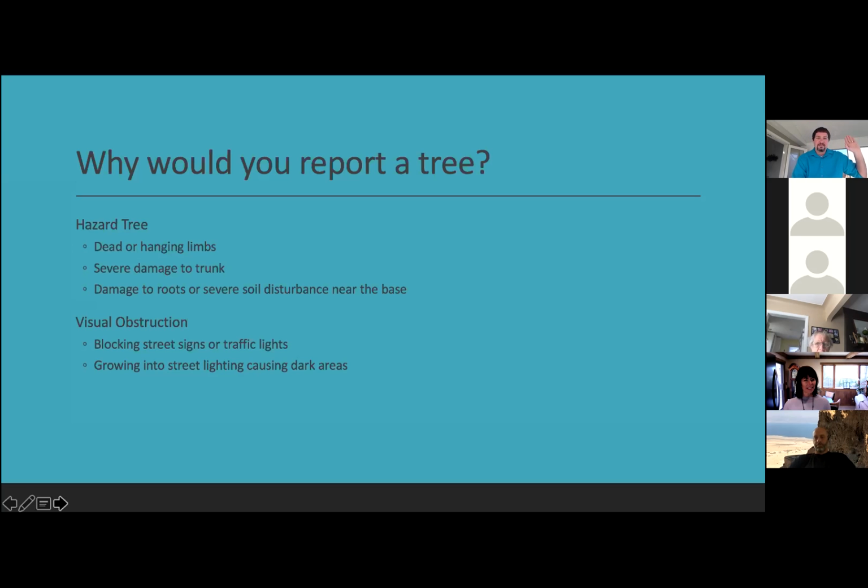That limb just can't be there, and we're going to have to prune that off because the stop sign needs to be seen. Another thing is if it's growing into street lights and you're not able to get the visibility on the street that you need, that's something for the utility companies to be aware of, because that needs to be managed appropriately.